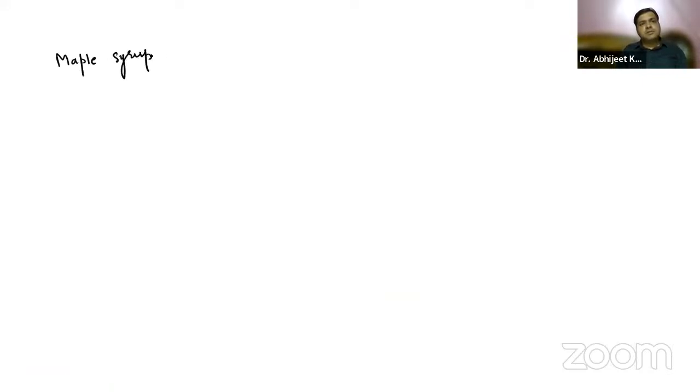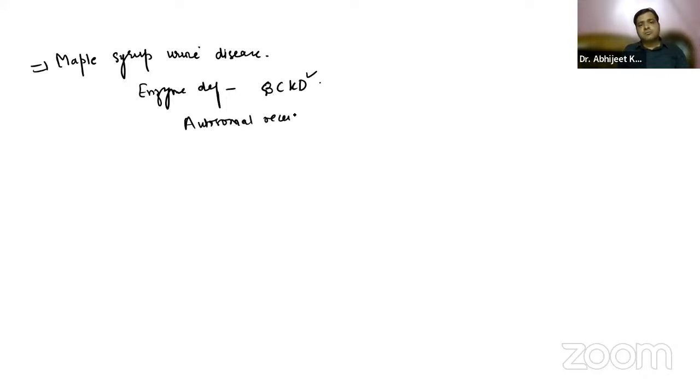Maple syrup urine disease. Now, when I say maple syrup, what is the enzyme deficiency here? The enzyme deficiency is BCKD. Again, it is an autosomal recessive condition, and it presents at a very early age.